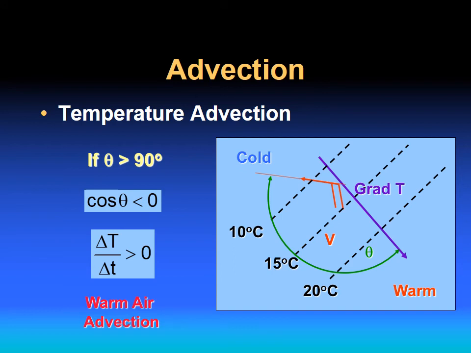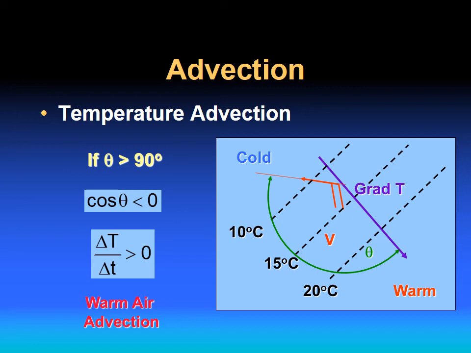Now let's take a look at a case where the wind is blowing from the south to the north, from warm to cold, actually kind of southeast to northwest. The angle between the wind and the temperature gradient is big. It's more than 90 degrees. And if you do the math, if you stick in a number that's more than 90 degrees, between 90 and 180 degrees, you'll get a negative cosine.